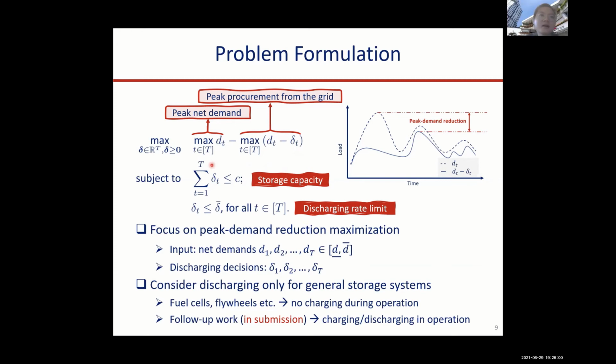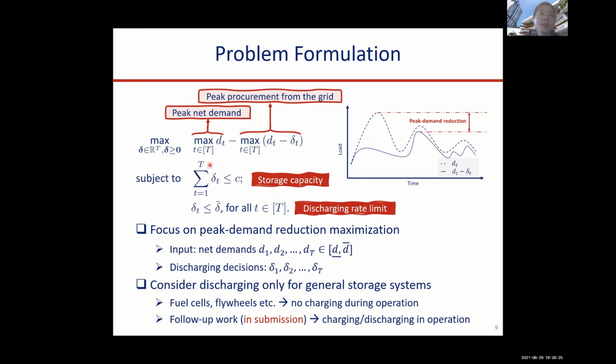Yes. Let me try to answer your question. Thank you for your kind question. If we do not use energy storage, this part, the peak demand, is what we need to pay for peak demand pricing. And if we use energy storage, this part is what we need to pay for the peak demand pricing.